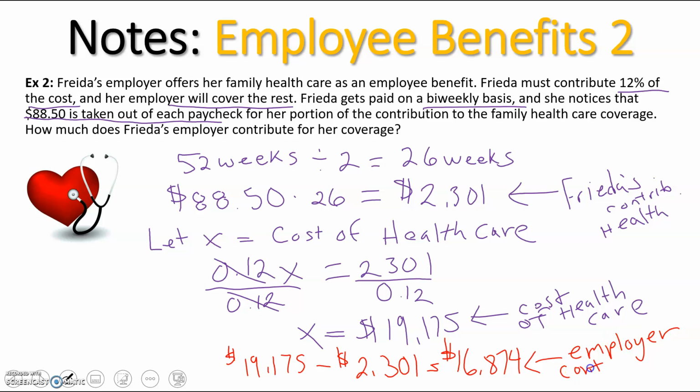So contribution is just to contribute, to give. So this is the employer contribution to the healthcare. Just kind of nice, right? So her employer is paying 88% of the cost of the plan. So definitely a good benefit to have if you're working with this company.